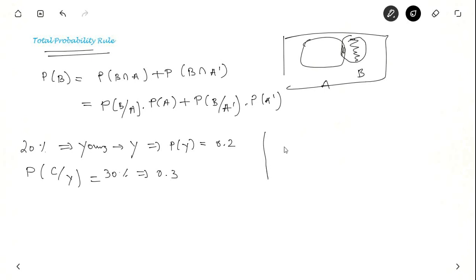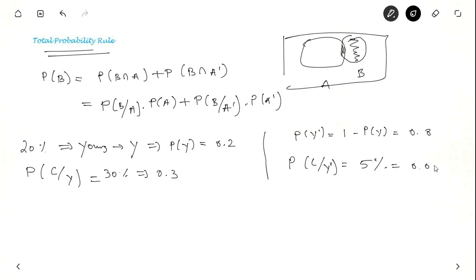Also we found out that if they are not young, the probability of a claim being made is 5%. Now we know that the probability of Y is 0.2, so the probability of Y dash is 1 minus the probability of Y, which is 0.8, that is 80%, and the claim probability is 0.05.